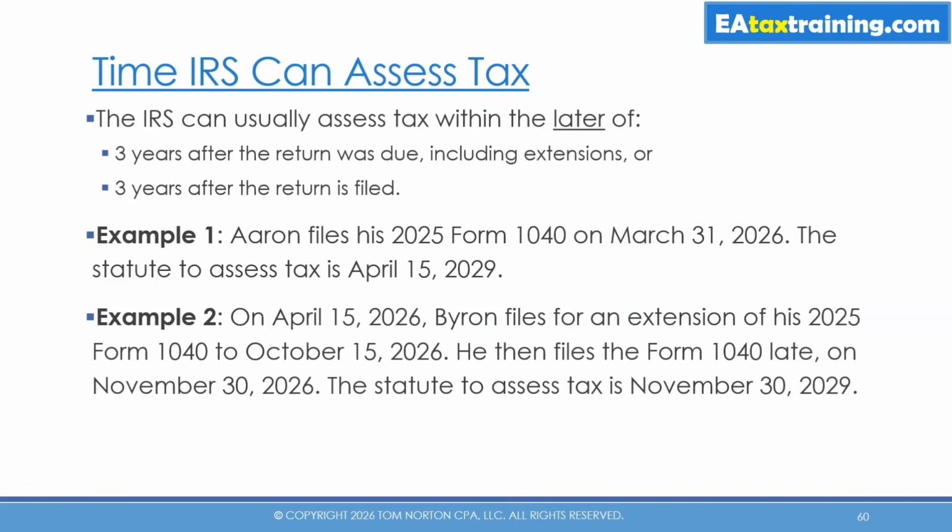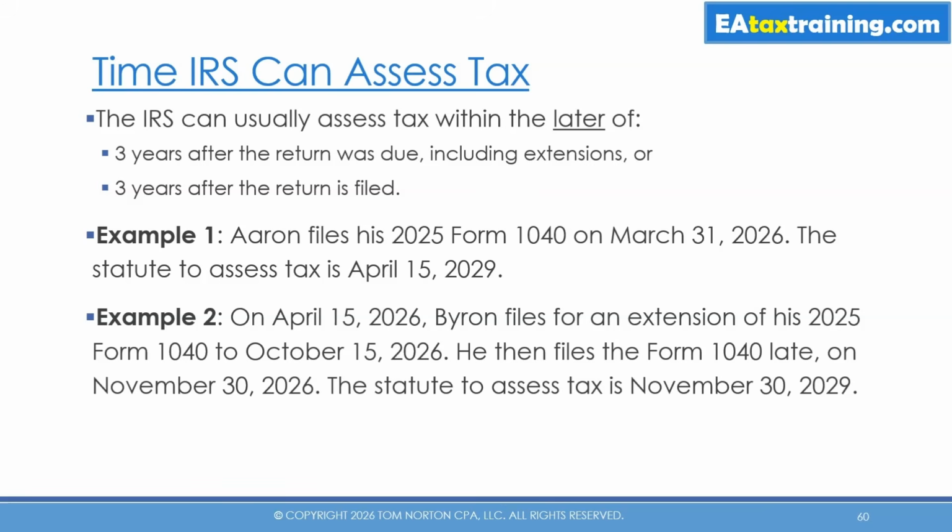The statute for the IRS to assess tax is April 15th, 2029. So it's 3 years from the later of when it was filed or when it was due. So even though Aaron filed his return early on March 31st, it wasn't due until April 15th. Therefore, the statute to assess ends April 15th of 2029.